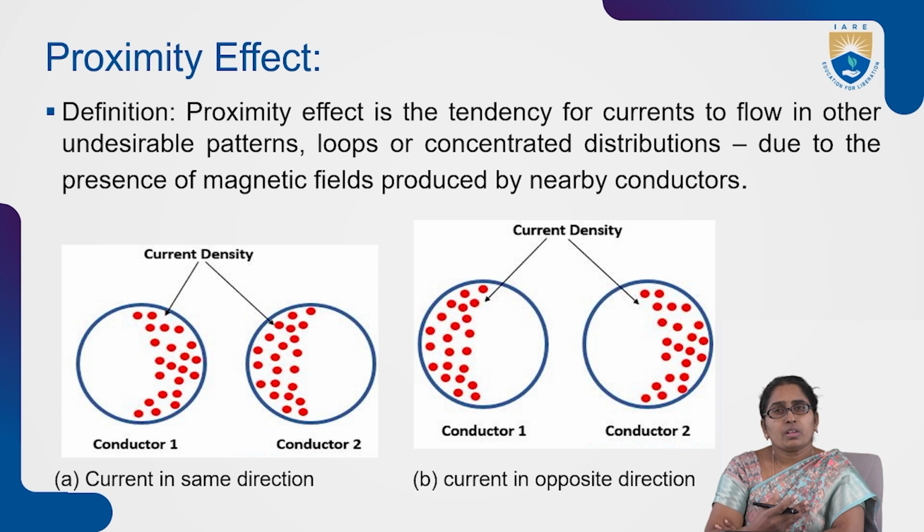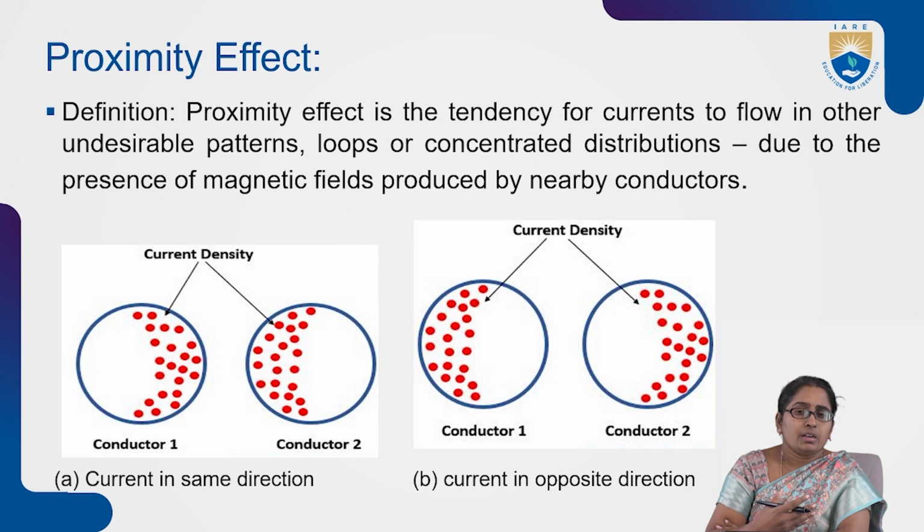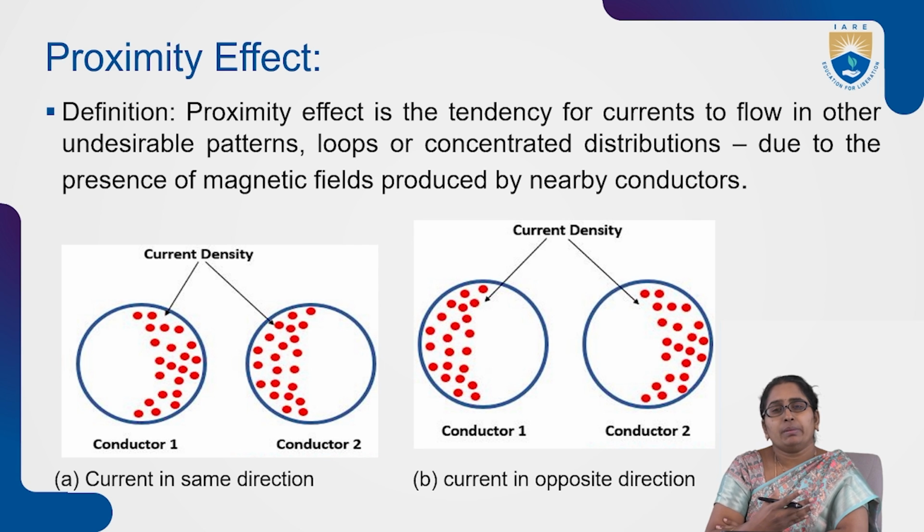Whatever the current direction may be, there is a magnetic field produced by the nearby conductor. Depending upon the current direction, the magnetic field effect may be less or more, but there is a magnetic field effect due to that nearby conductor. So finally, this proximity effect comes into the picture.